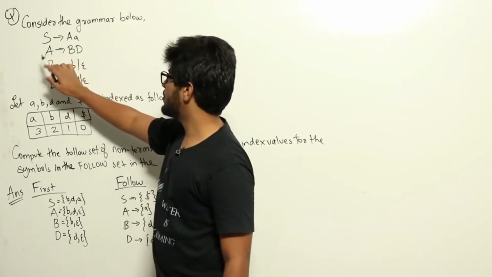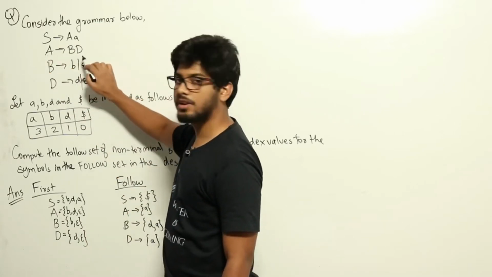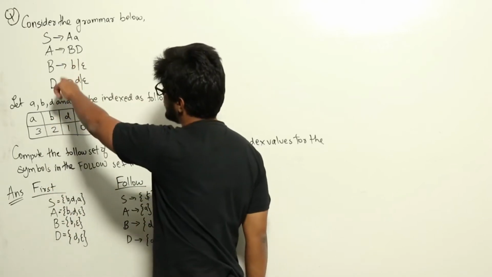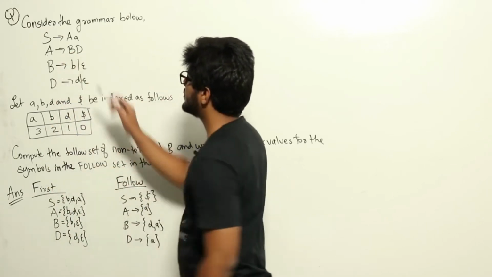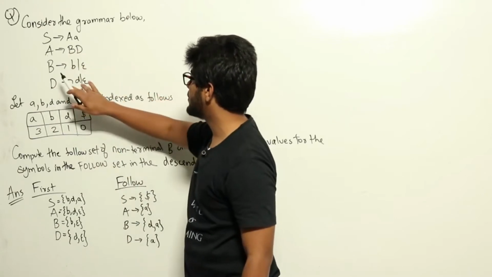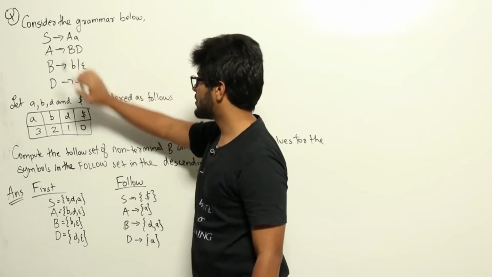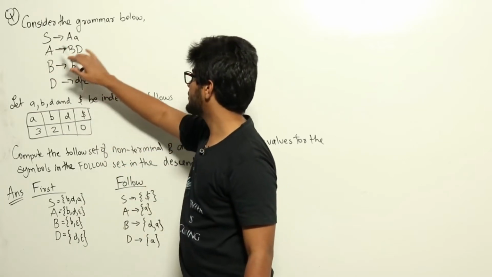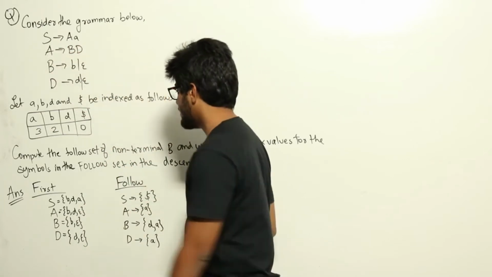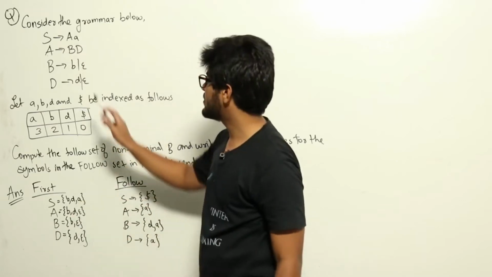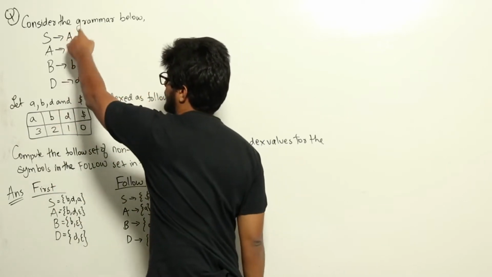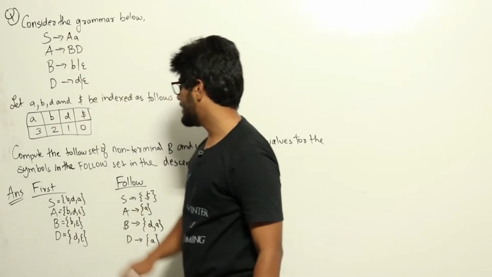First of A will be equal to first of B, that is b epsilon. Since epsilon is there, we will be doing first of D as well, which is d comma epsilon. So the first of A will be b d epsilon, and first of S will be first of A, that is b d epsilon, and since epsilon is there, we will be adding a as well, that is first of whatever is after A. So first of S will be b d a.